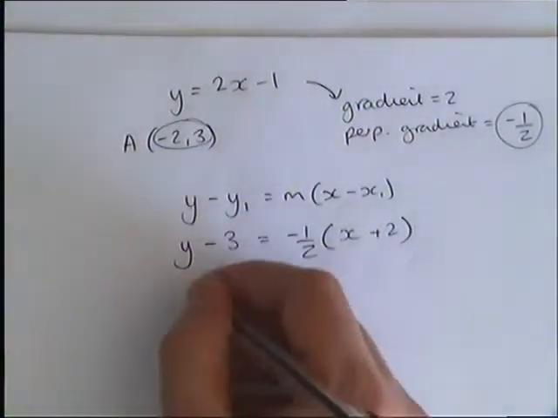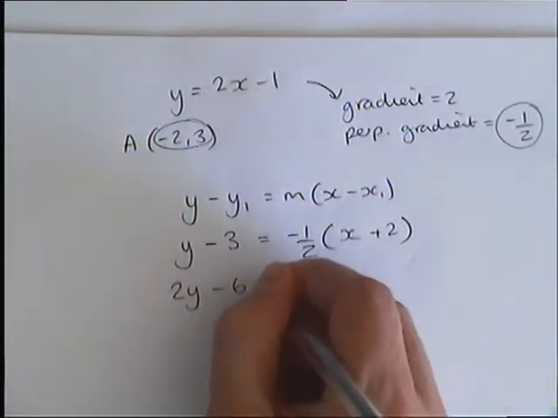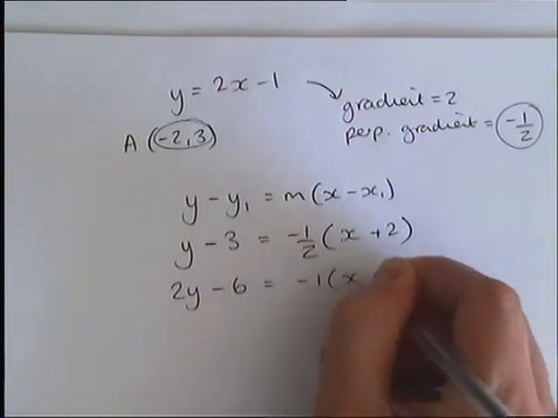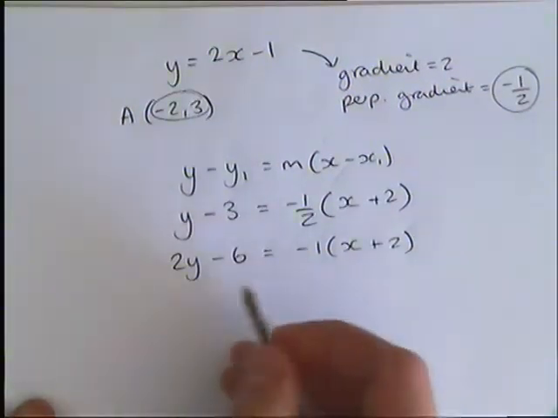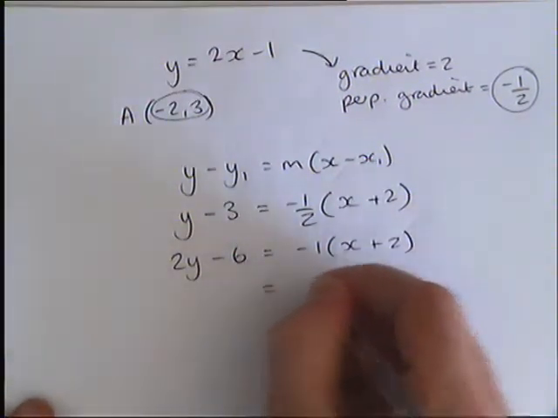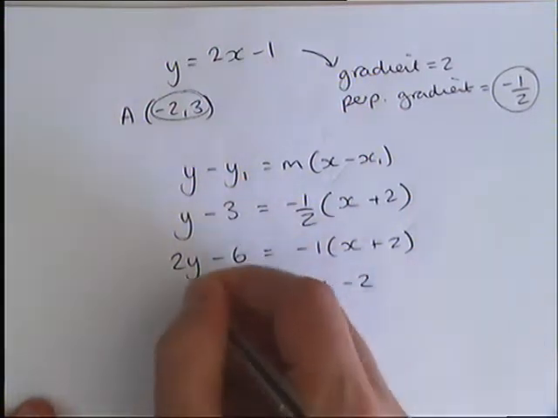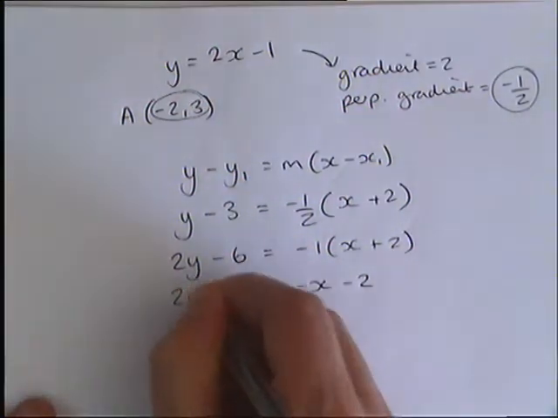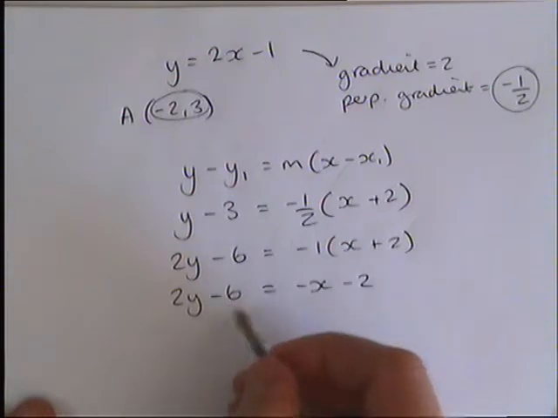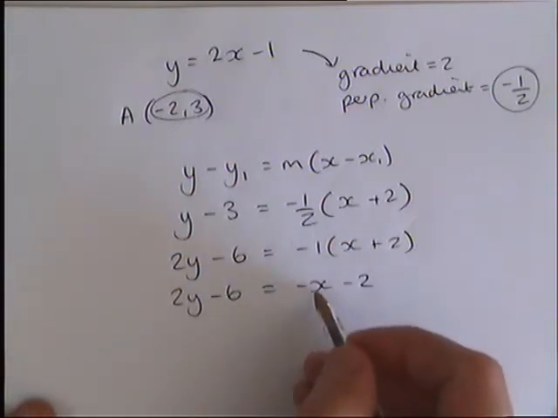I'm going to double everything. And then multiply out that bracket on the right hand side. Now what form have I got to get it into? y equals mx plus c.